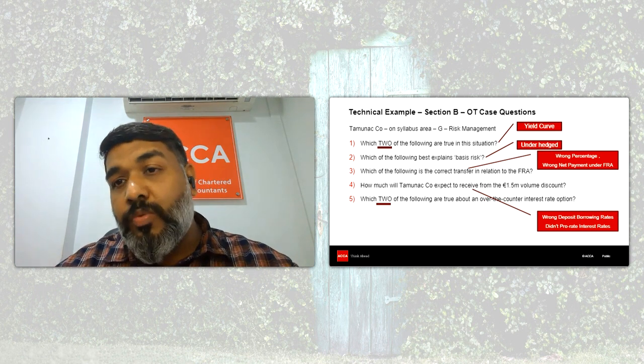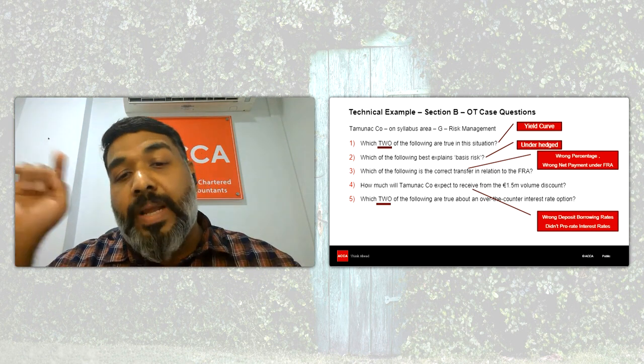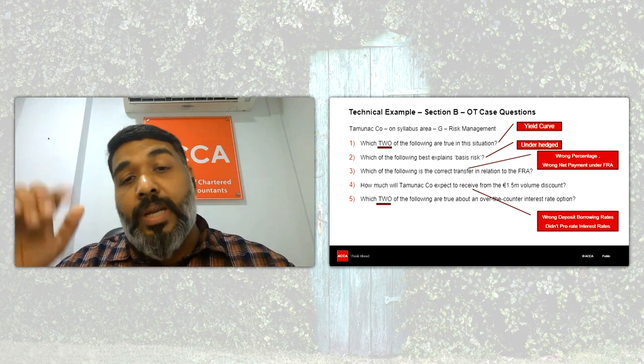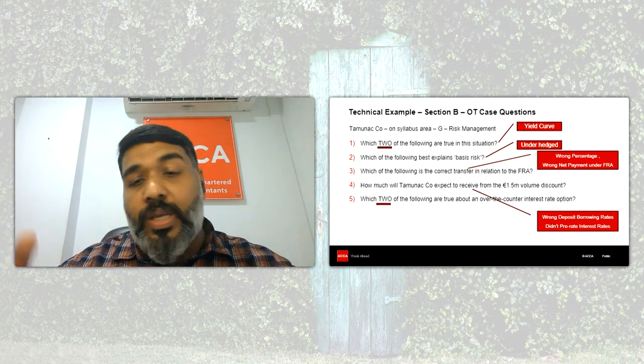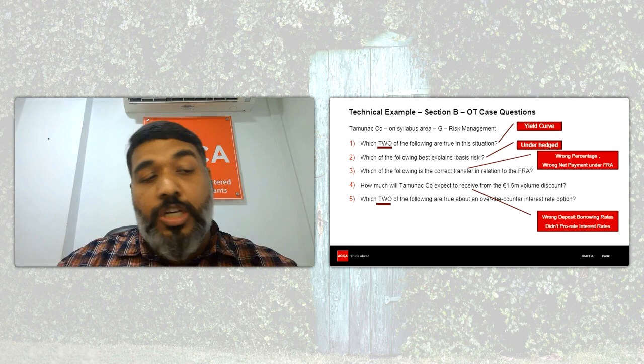So if it was for 3 months, you were supposed to divide the interest rate by 12 and then multiply it by 3. This was one place where many candidates took the borrowing and the deposit in the wrong countries.